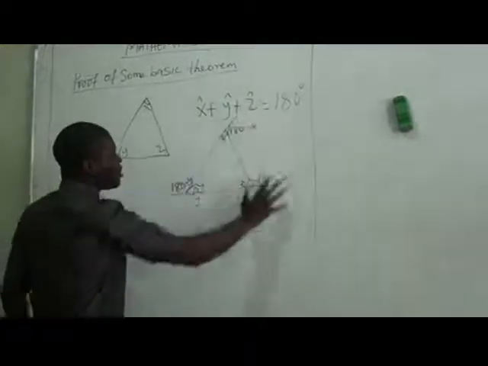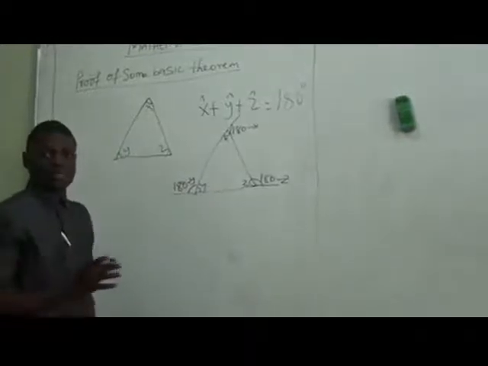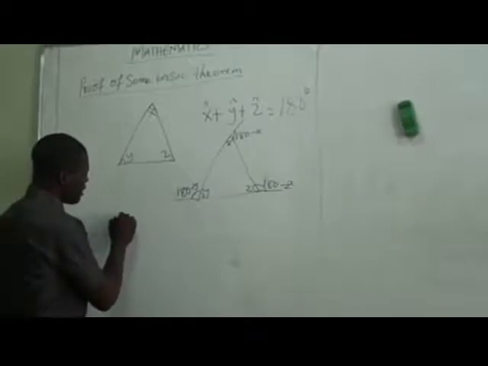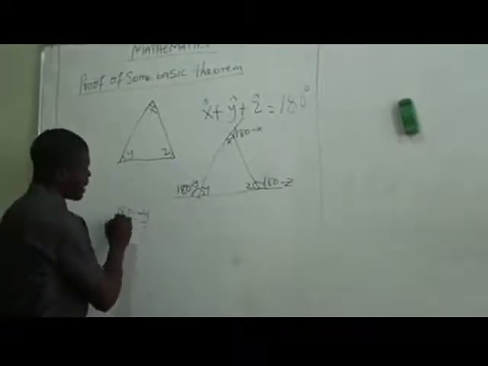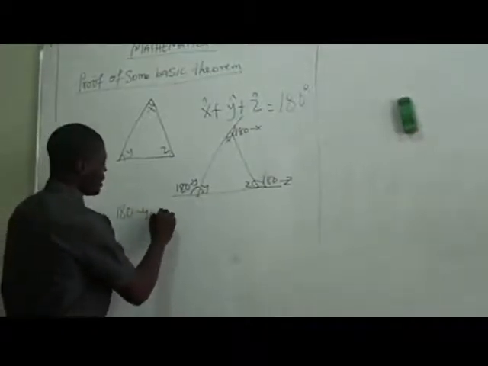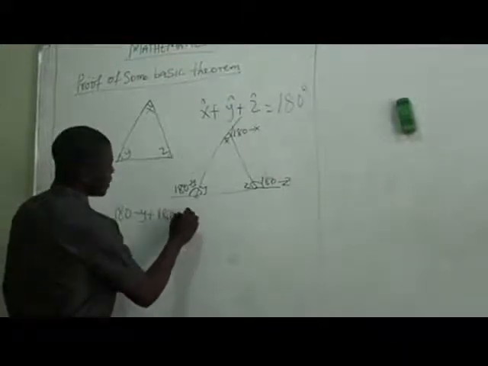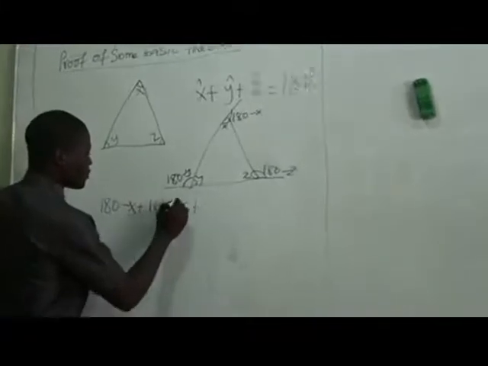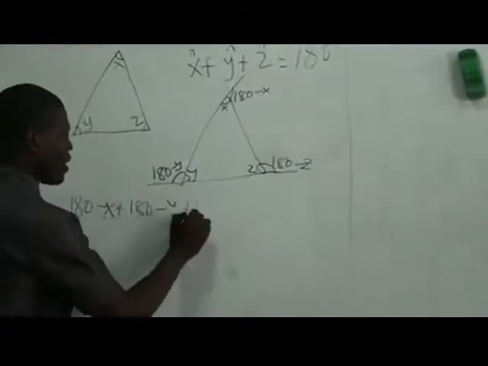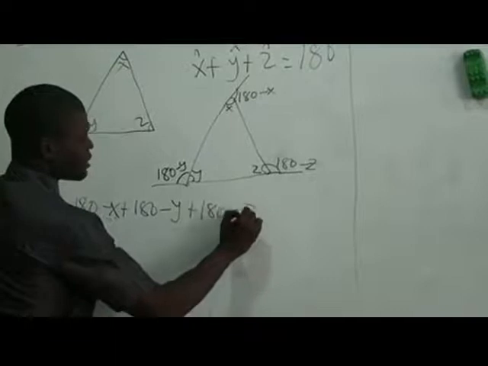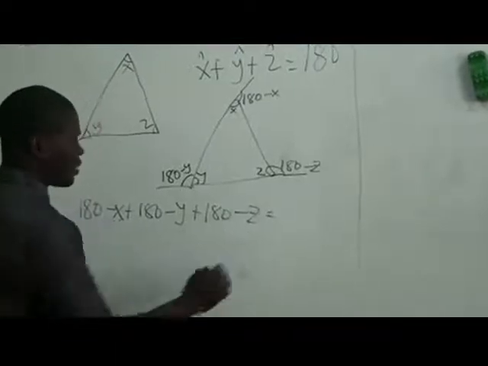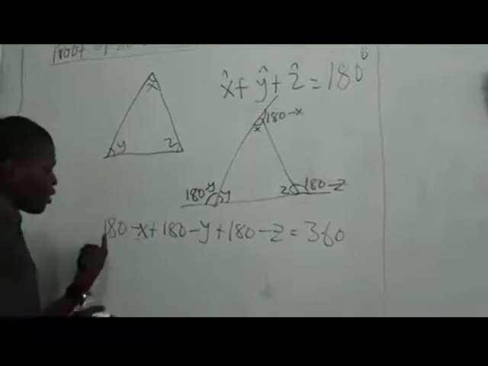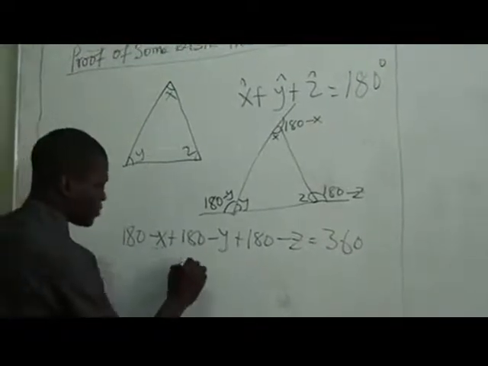And you know that the sum of the exterior angles in a triangle is equal to 360. Now let us prove. You have 180 minus y plus 180 minus x plus 180 minus z equal to 360. Now you collect like terms.